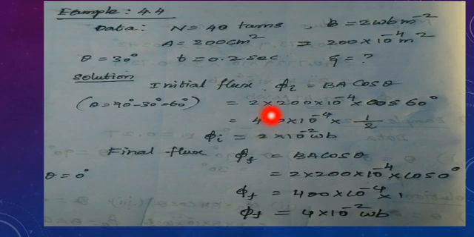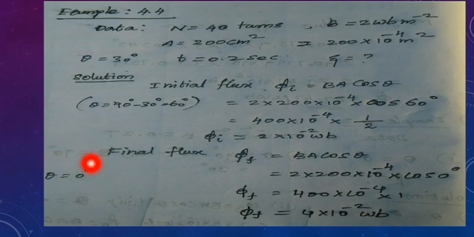2 into 200 is 400 into 10 power minus 4. Here 2 and 400 cancel, I get 200 into 10 power minus 4 Weber. Simplifying again, 2 into 10 power minus 2 Weber. So the initial flux is 2 into 10 power minus 2 Weber. At the final position the flux changes, and the angle theta is equal to 0 degree.